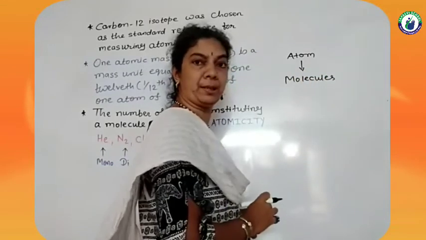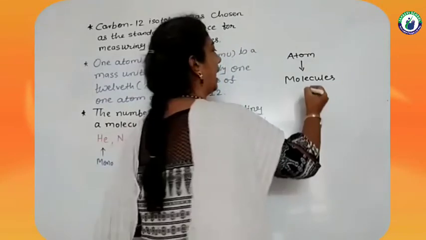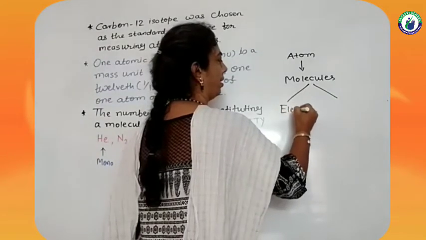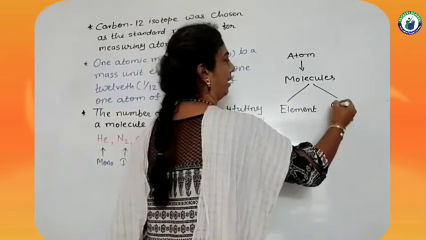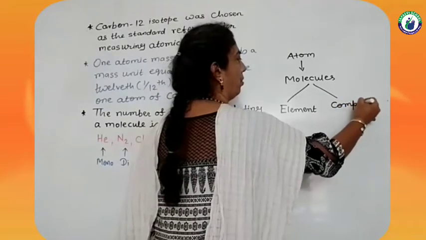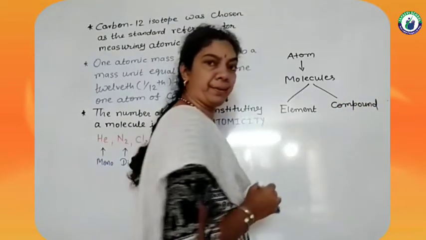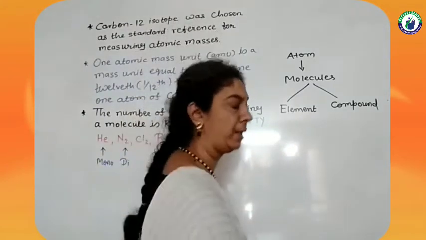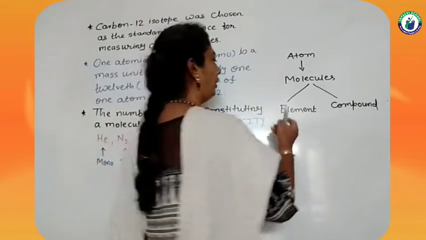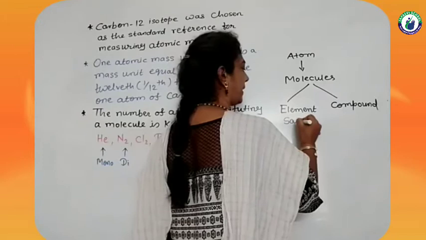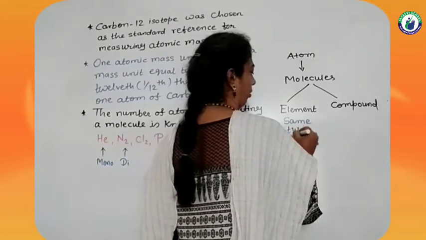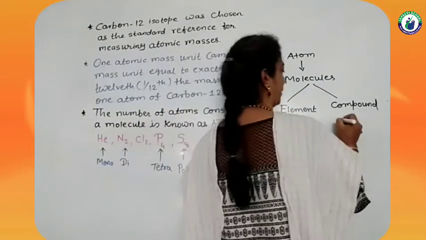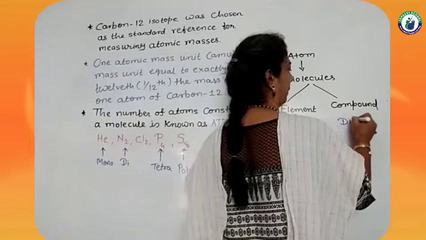These molecules are of two types: either molecules of an element or molecules of a compound. A molecule of an element has the same type of atoms, all the atoms in the molecule being of the same type, while in a molecule of a compound, different types of atoms are combined.